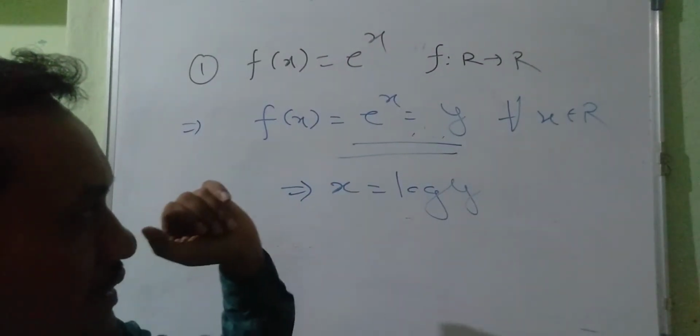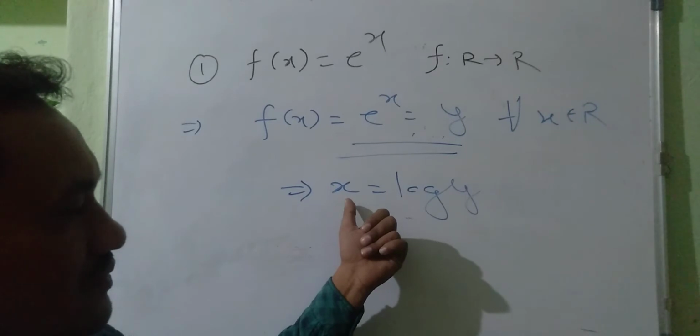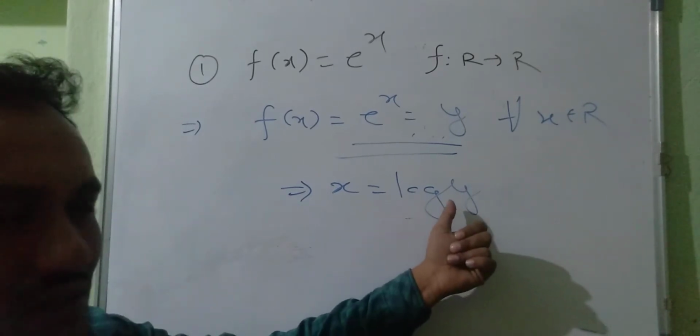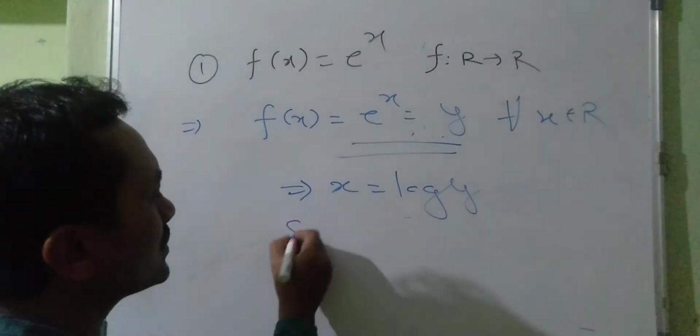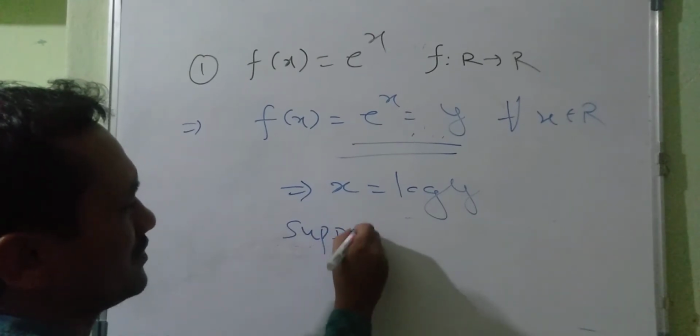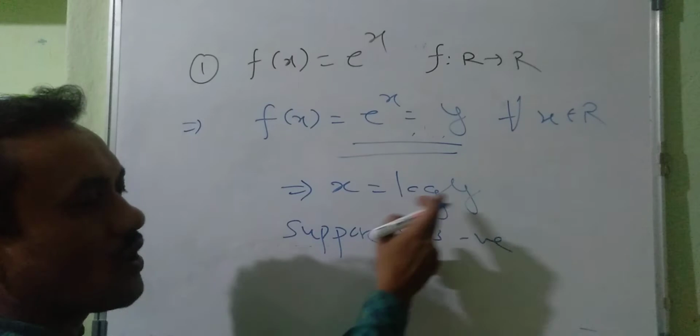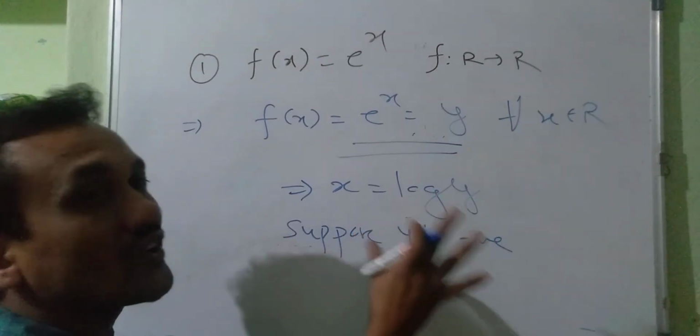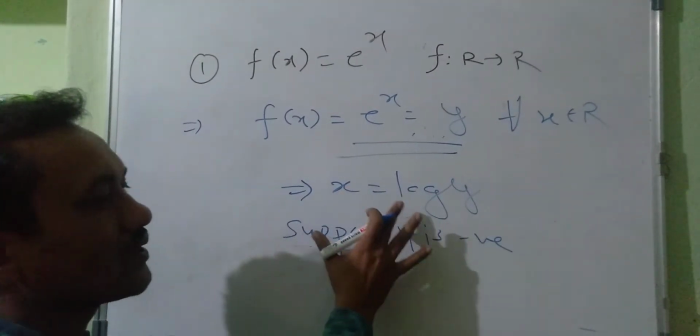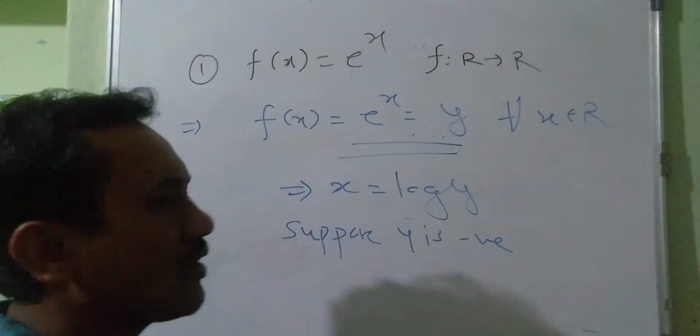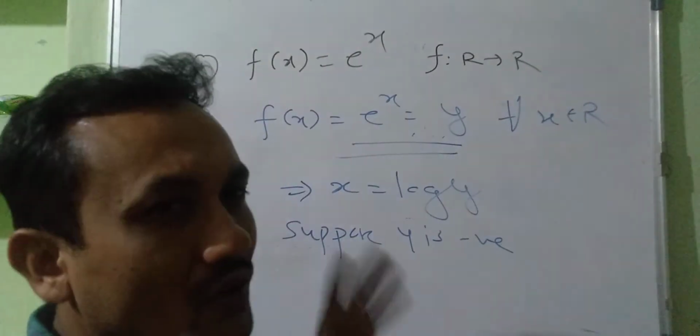Y may be positive, y may be negative. So is x defined for this? Suppose y is a negative number, then log of a negative y is not defined, as log cannot be defined on a negative number.